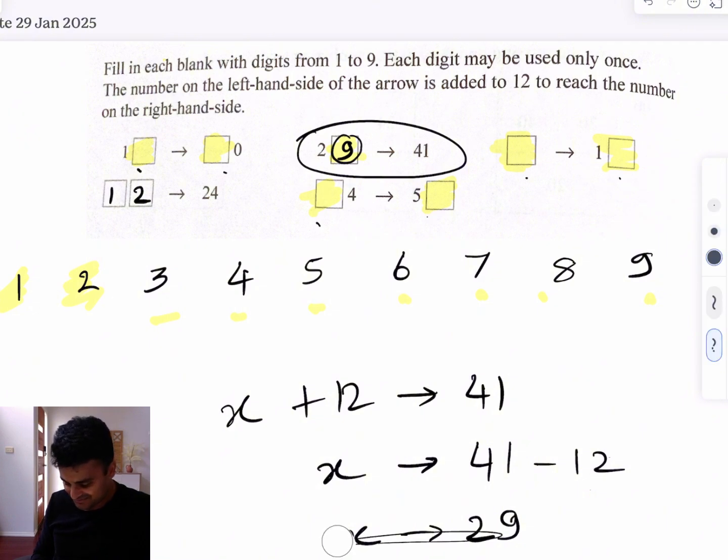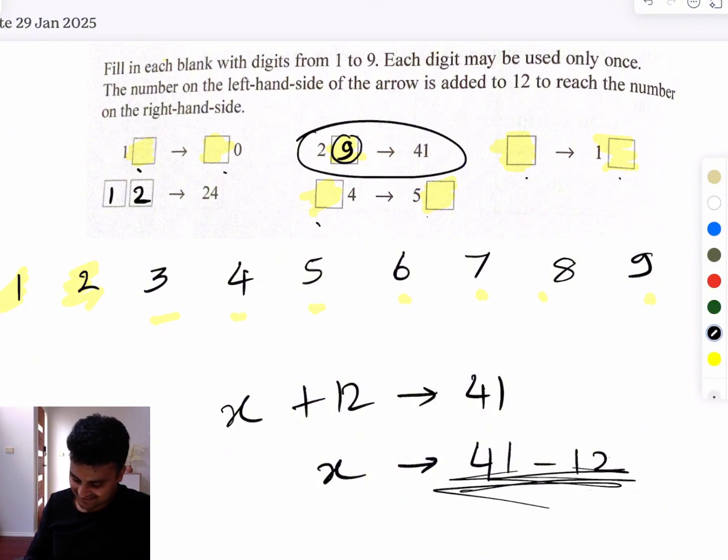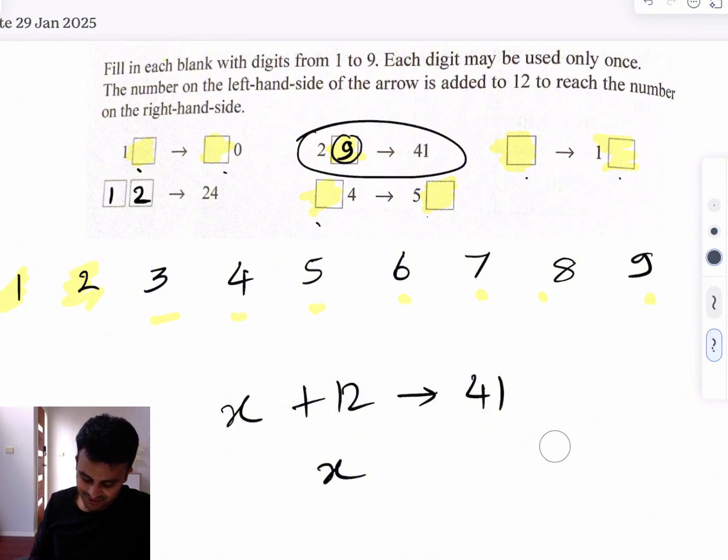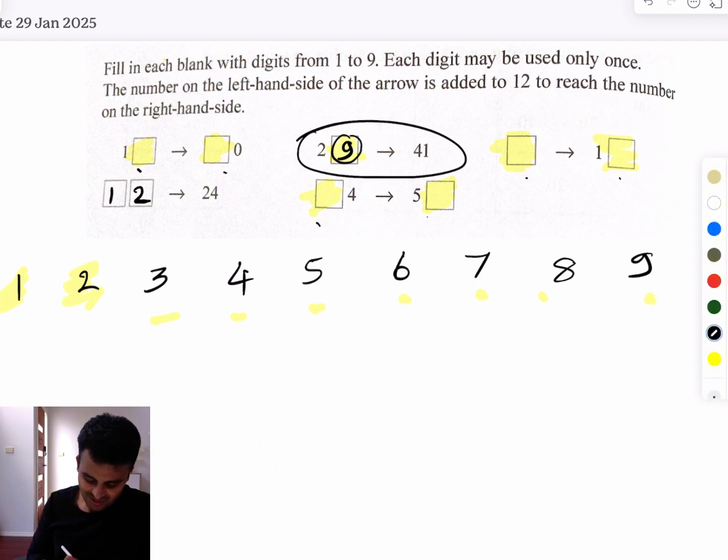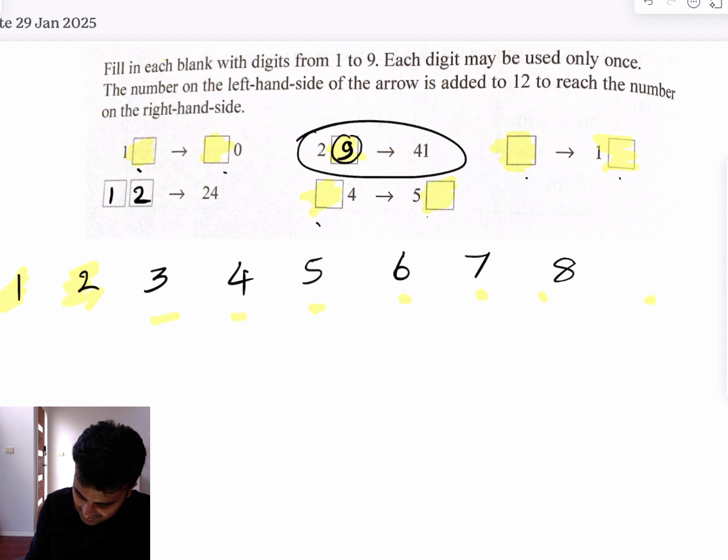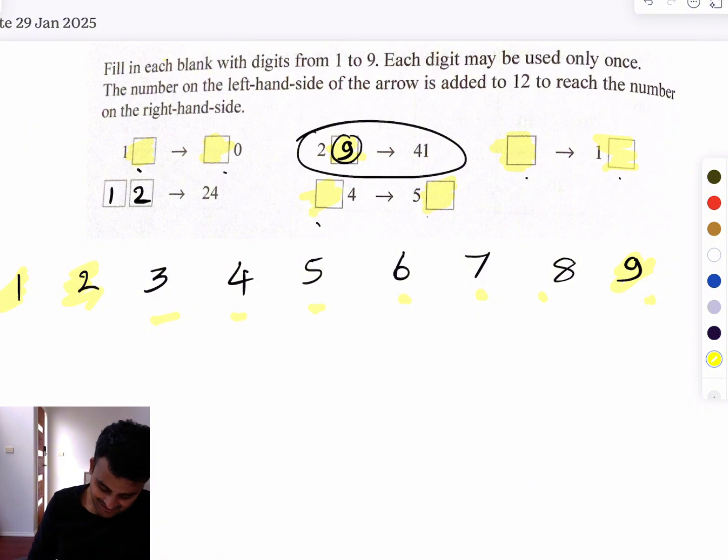So now we have completed 2 out of 5 problems, which means that out of our remaining digits, 9 is gone. Right, 9 over here, and we'll shade it up. Now there are 3 problems remaining.